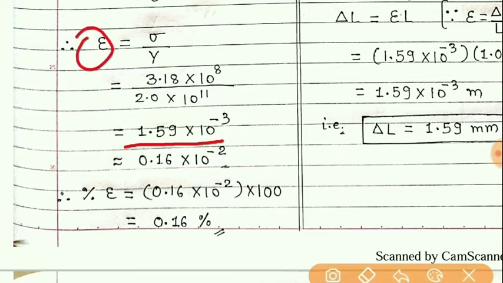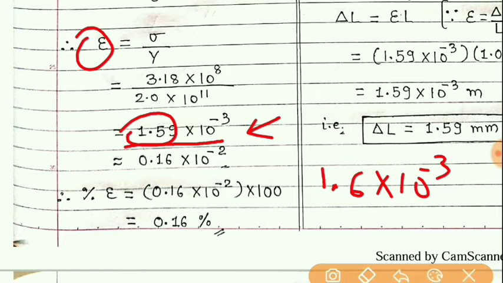Strain is unitless, so here there will not be any unit. This 1.59 can be written as 1.6 up to 1 decimal place. So 1.6 into 10 raised to minus 3.